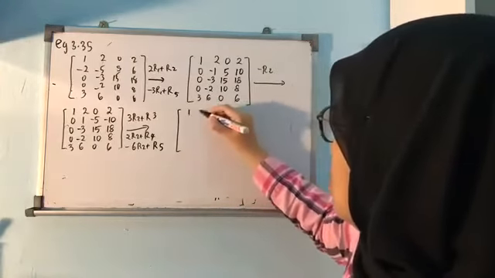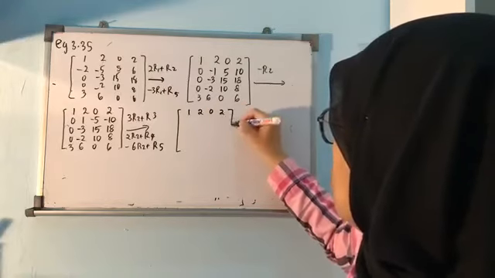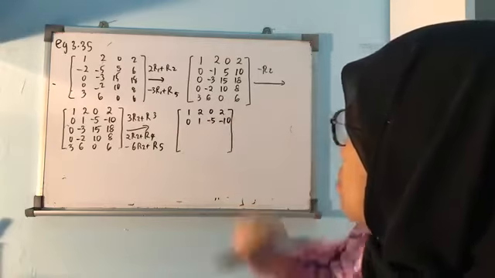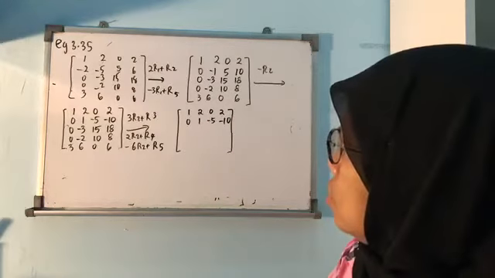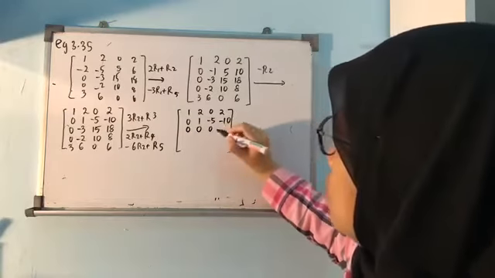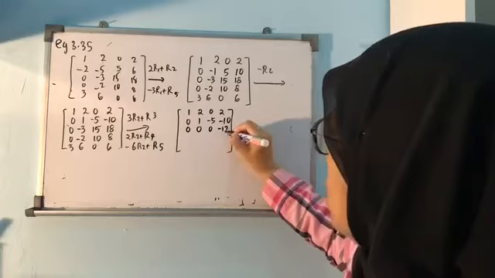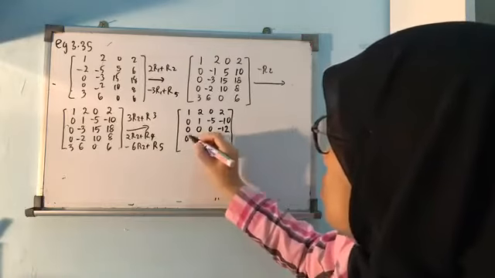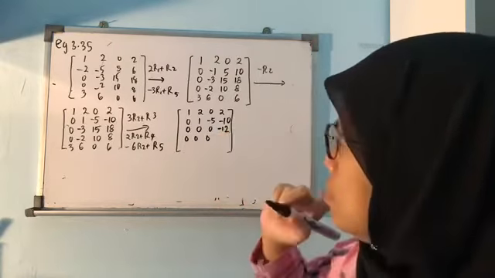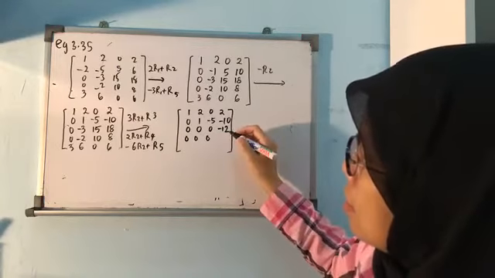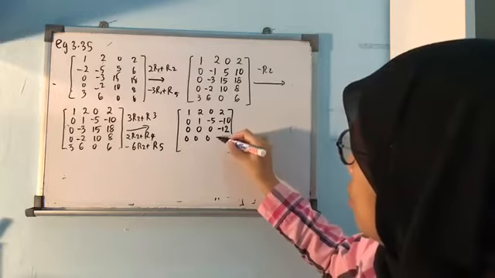Okay, so 1, 2, 0, 2, 0, 1, negative 5, negative 10. 3 row 2 plus row 3: 0, 0, 0, negative 12. 0, 0, 0, negative 12.